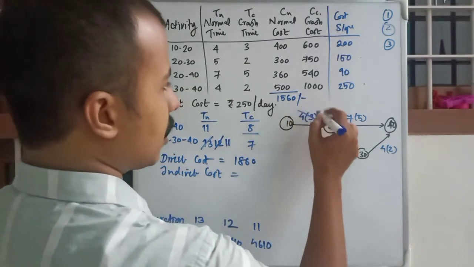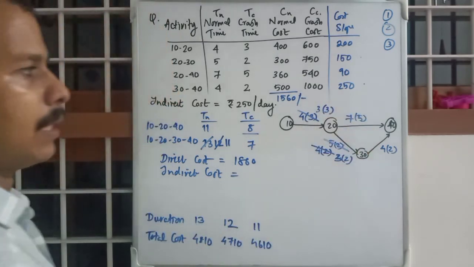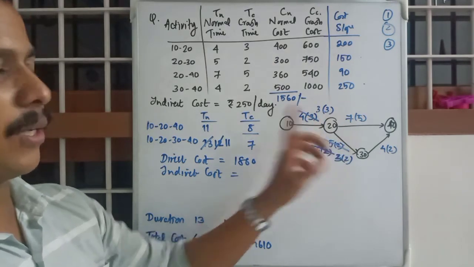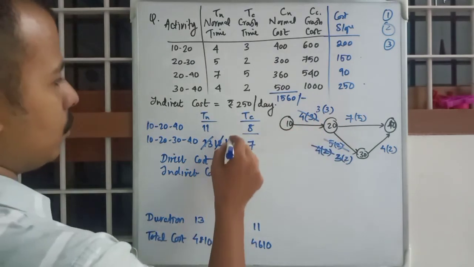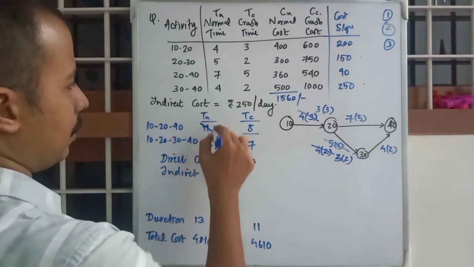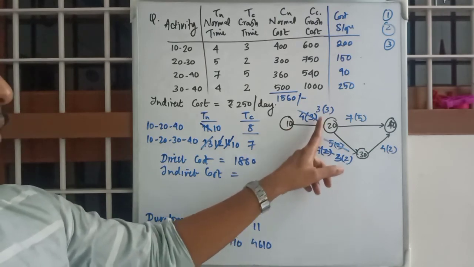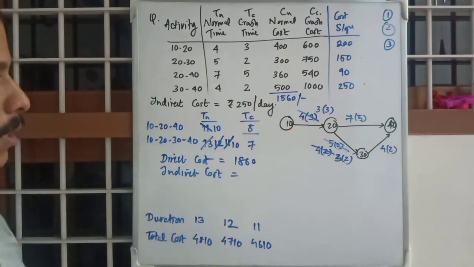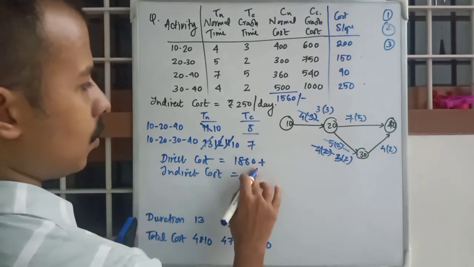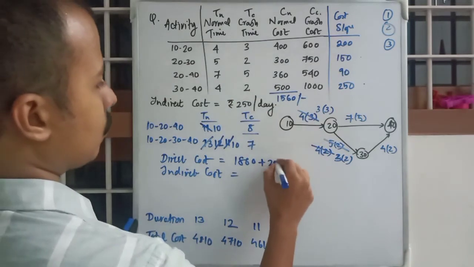So you will just reduce it to 3. So that means you cannot reduce it further. So we have reduced the 10, 20 activity to 3 days. Okay, so direct cost: 1860 plus what? 200.